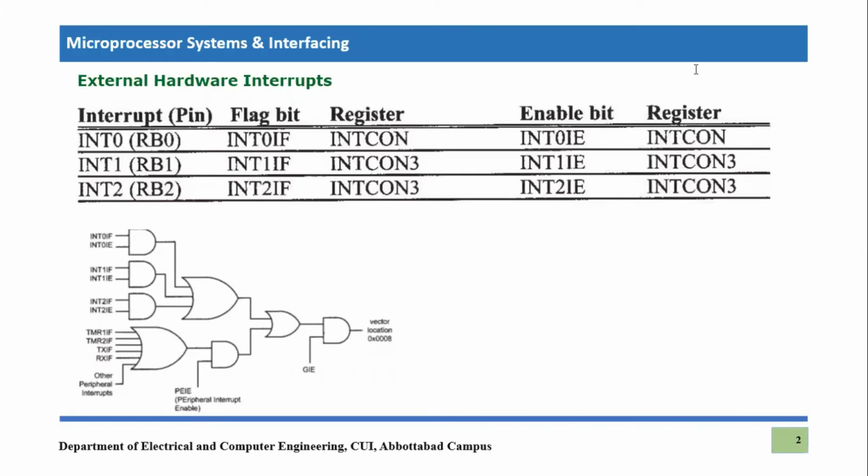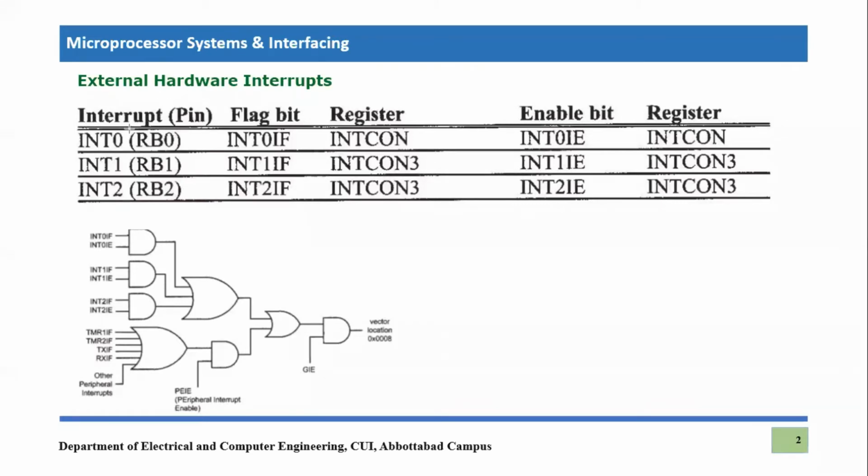We have already discussed timer 0 interrupts, timer 1 and timer 2 interrupts, right? In this lecture we are studying a different kind of interrupt, related with the hardware which we can attach to certain pins. That is why they are known as external hardware interrupts, and those pins are RB0, RB1 and RB2.